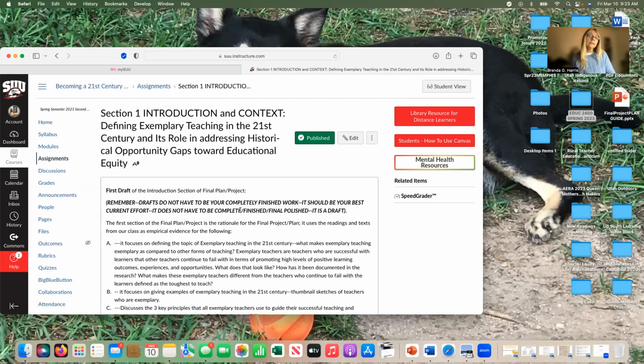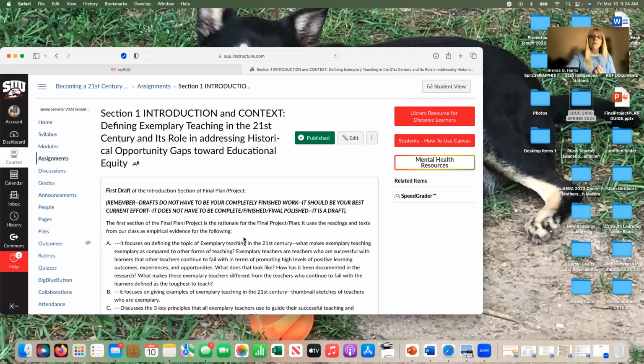By the time we get to the end of our 7 weeks together, you should have rewritten each section of the paper several times. But this very first draft should be like you're kind of laying out the bare bones of it. Okay, so what are going to be the bare bones in this first introductory context, section 1?